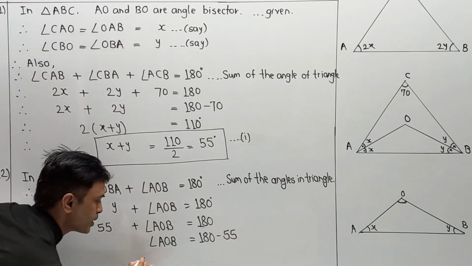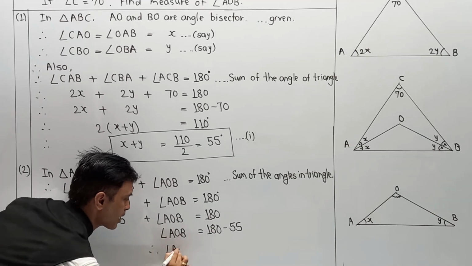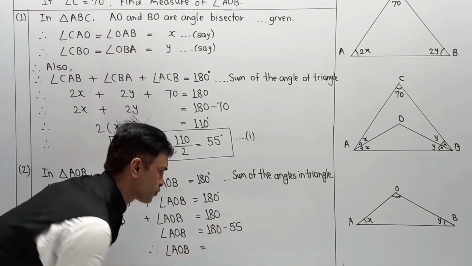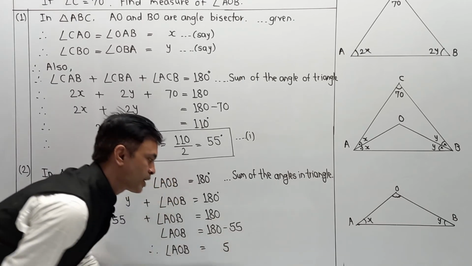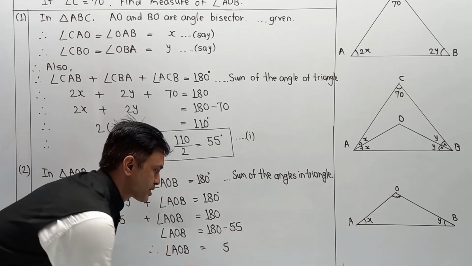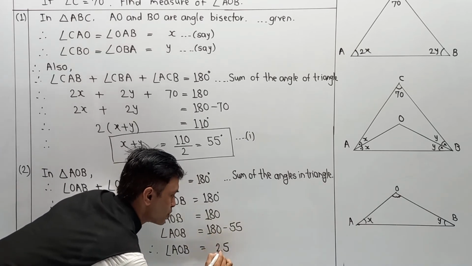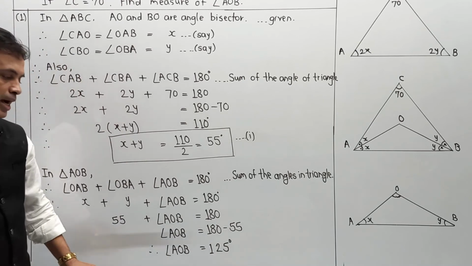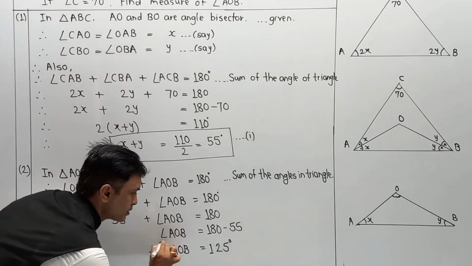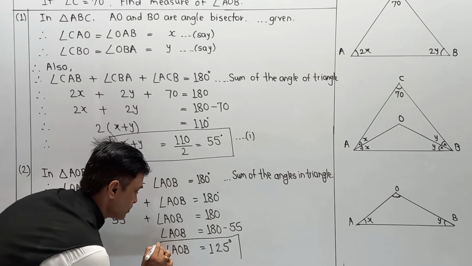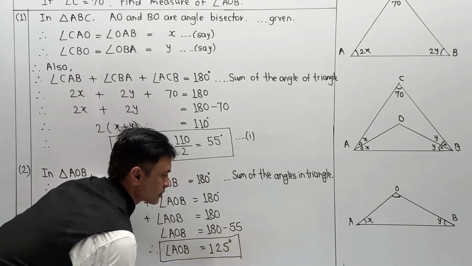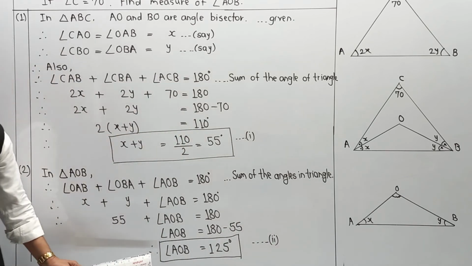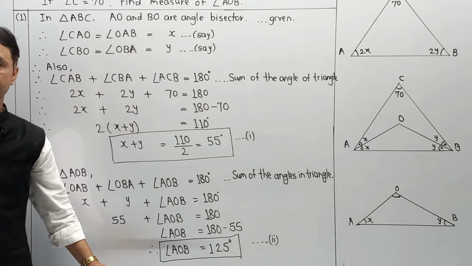Doing the subtraction, 10 minus 5 is 5, carry 1, 8 minus 6 is 2, and 1 as usual, means 125 degree, and that is your final answer. In this way, we can calculate angle AOB.